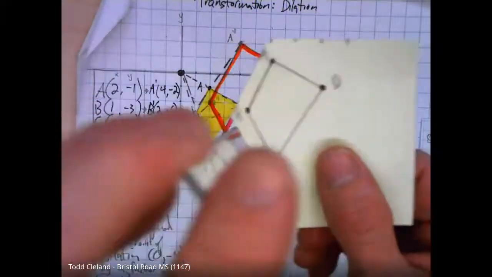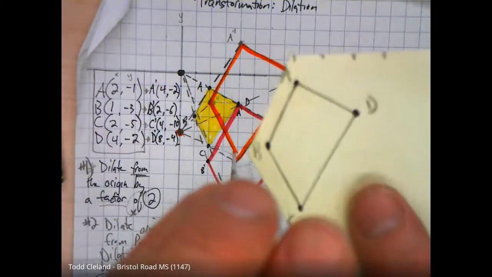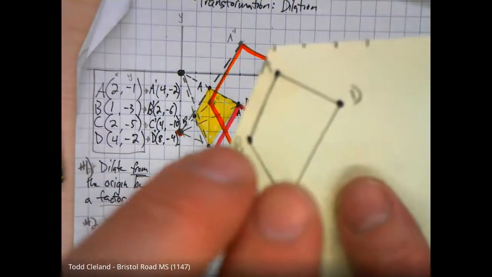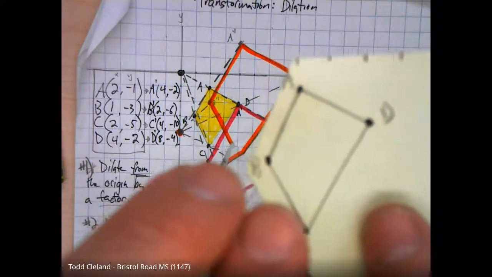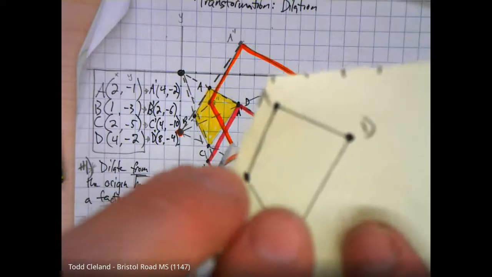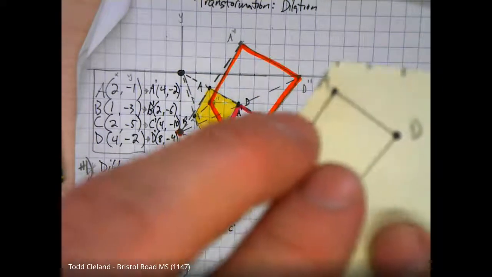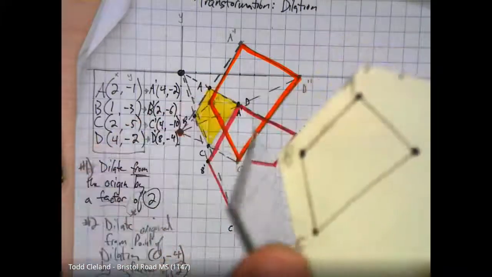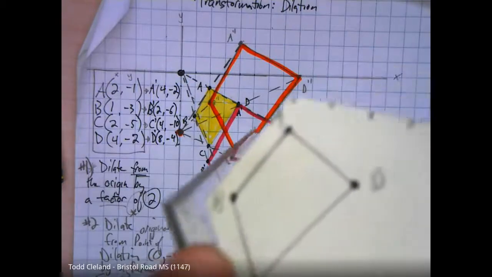So you tell me when it appears to be the same size as that orange box. Right around here? Interesting. Okay, okay. What do you think? I know my fingers are kind of in the way, I'm sorry. Is that about the same size?